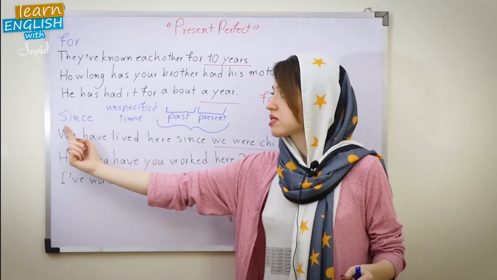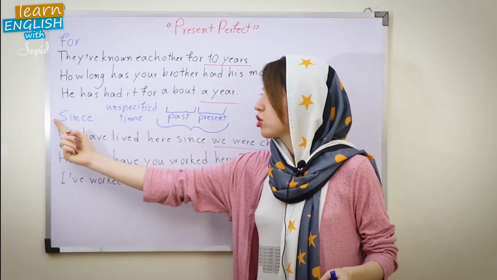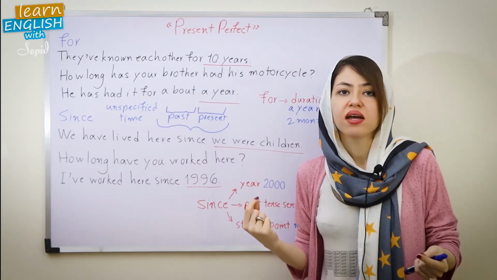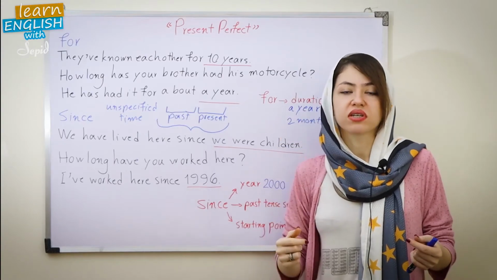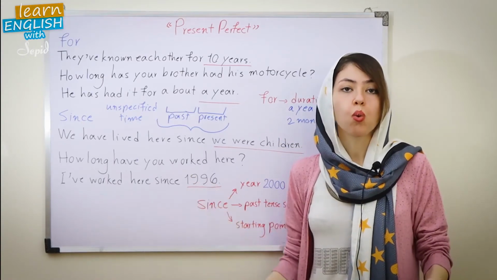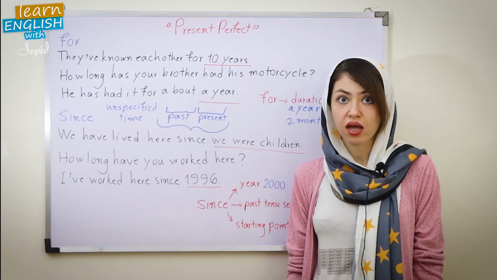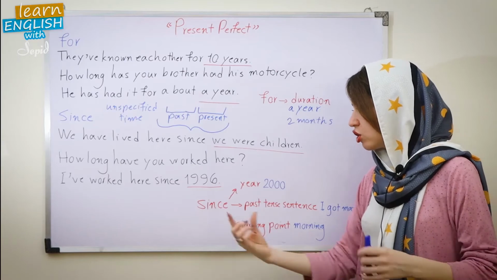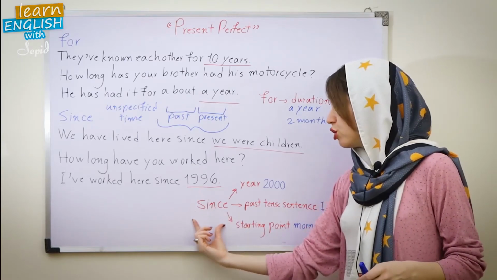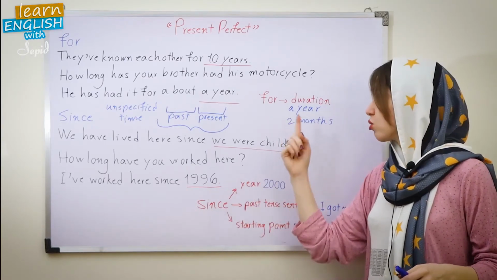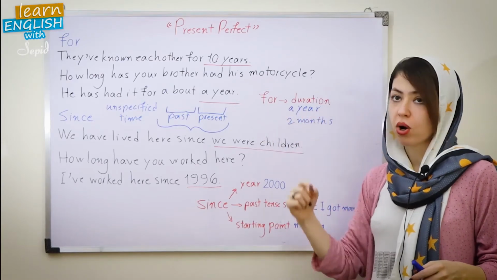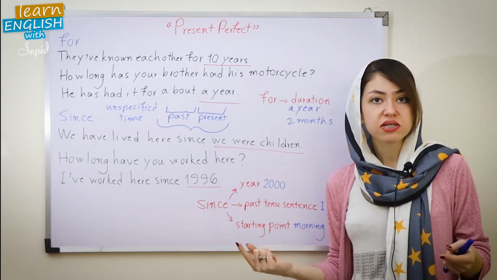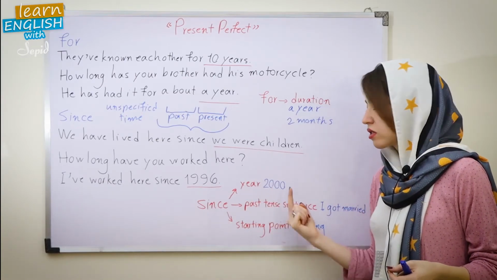Let's go to since. Okay, so if we want to use since, we are pointing out the starting point of the time, but we don't know when it is gonna end, okay? Again, it's like for, but with a difference. If you talk about the duration, you can use for. If you want to talk about the starting point, for instance, 2000.